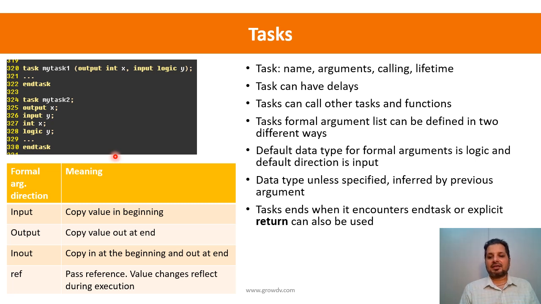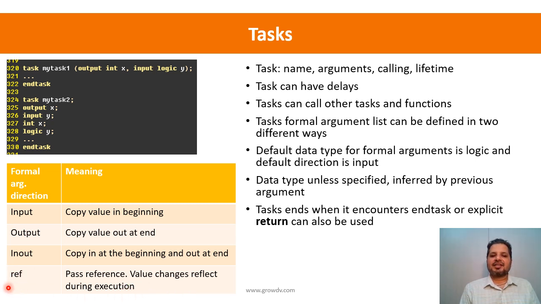What I mean by that is a task can consume time, right? So I'm consuming time and I'm modifying the output, but that won't be visible to the context outside the task, because we can have multiple threads running. A thread that is calling the task could have forked off the task, and this particular task has delays and is modifying the output. That won't be visible to the task caller or to other places. But if I am passing it by reference, then the value changes will be visible even during the execution.